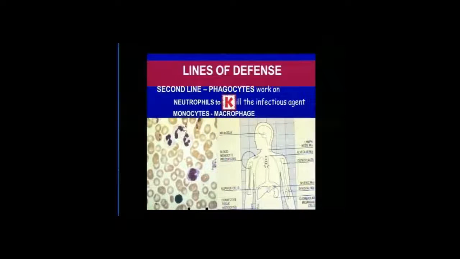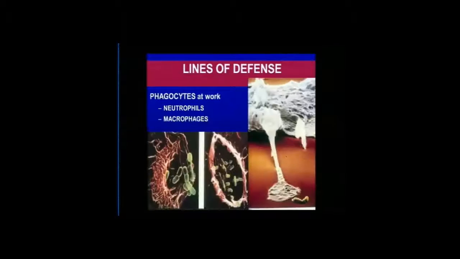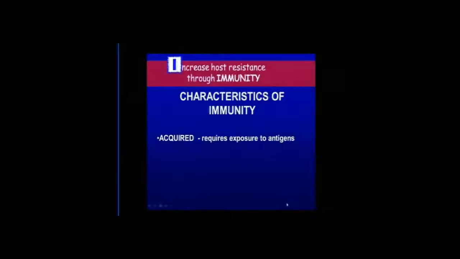There are some in the liver and the brain, in the skin, all over different parts of the body, and all of those are to kill the infective agents. And here you can see some neutrophils and macrophages reaching out to kill the green bacteria. They even send out their long pseudopodia to get them if they need to. Now, the other component is you want to increase the host resistance. Immunity is acquired.